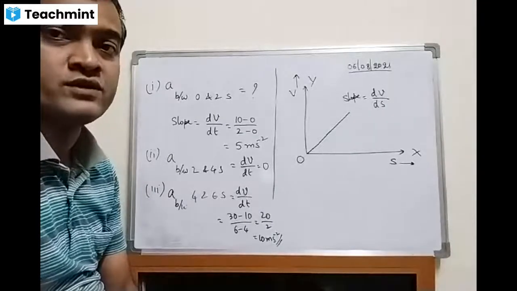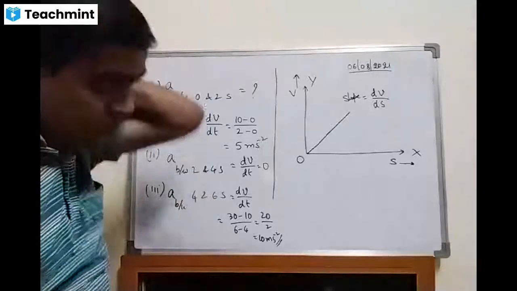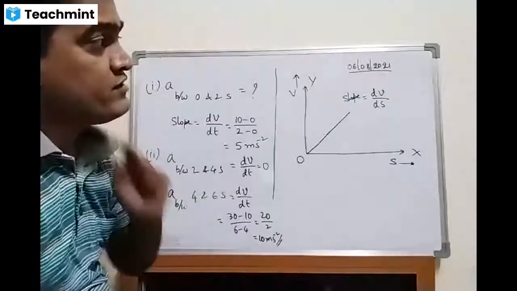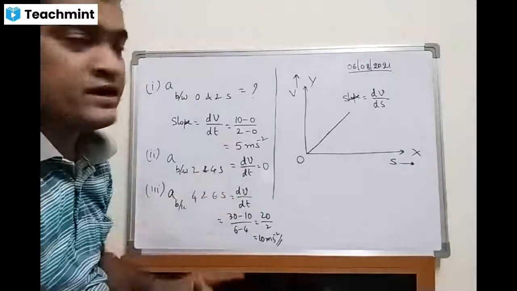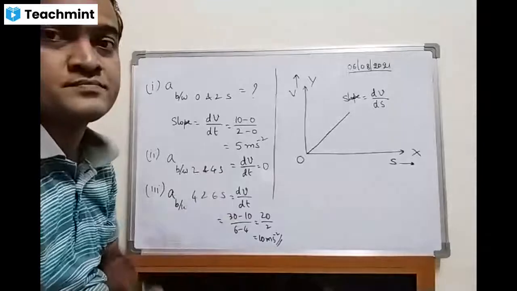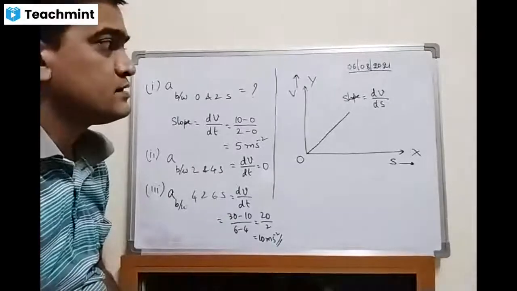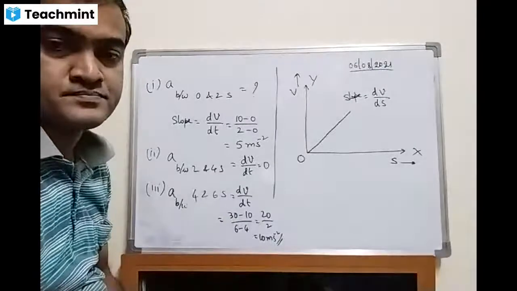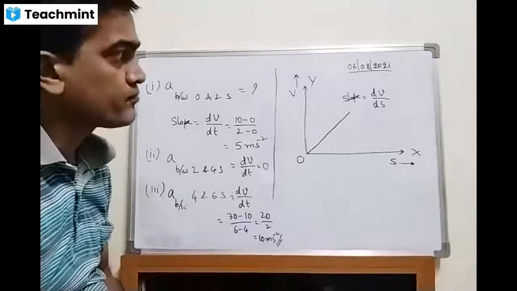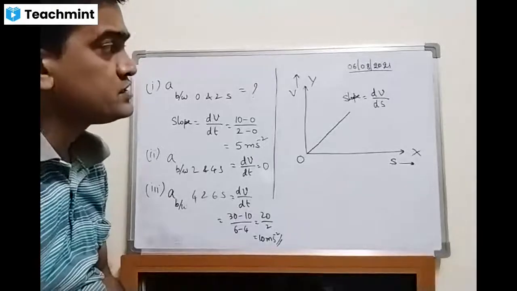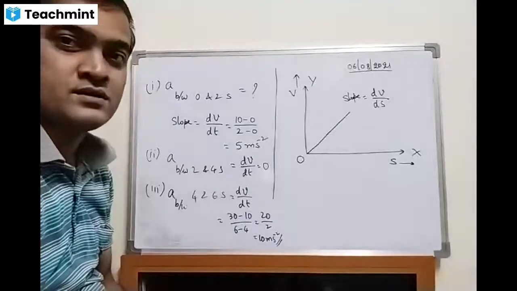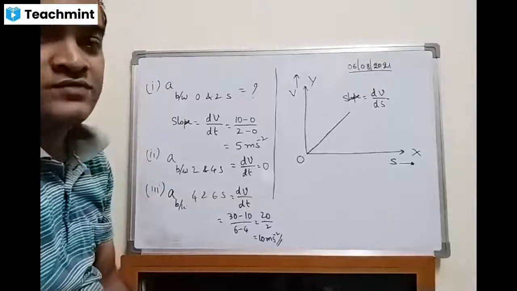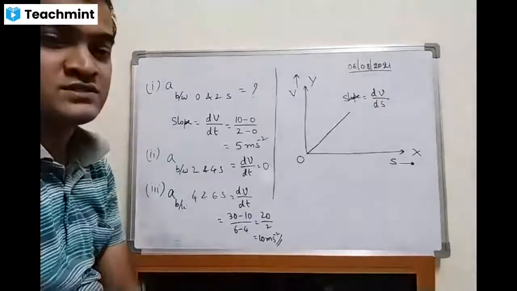So what I will do is I will multiply and divide with dt. V is equal to u plus at, of course, that does not work here, still it does not give it.